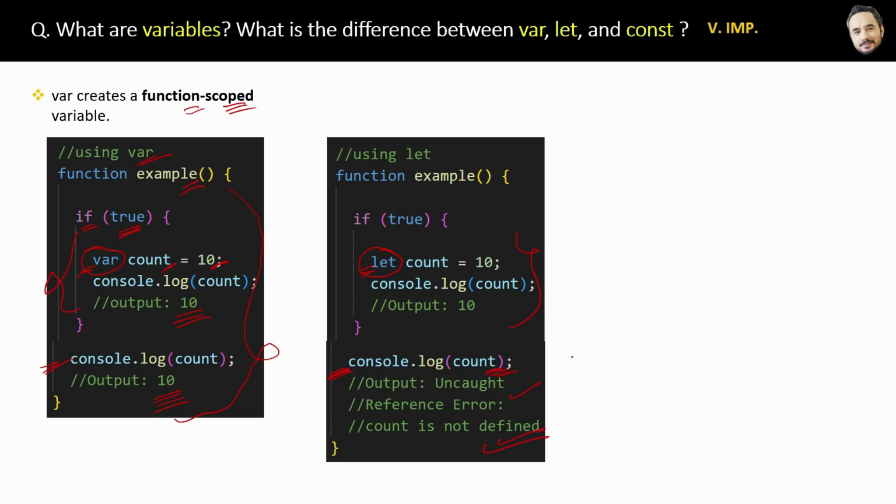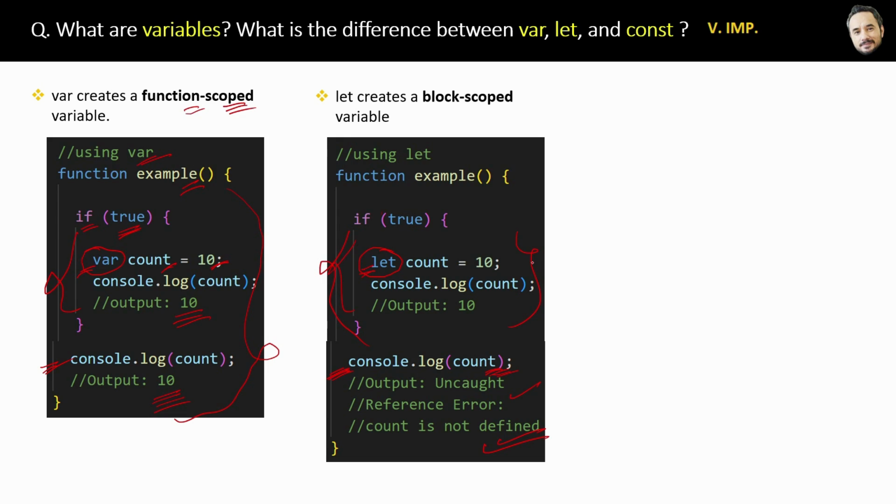The reason is, let creates a block scoped variable, not a function scoped variable. Therefore, the variable will be available inside the same block in which it is defined, inside the curly braces. The let keyword is more popular because it does not create confusion about the scope of the variable.